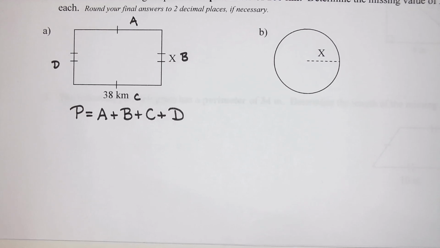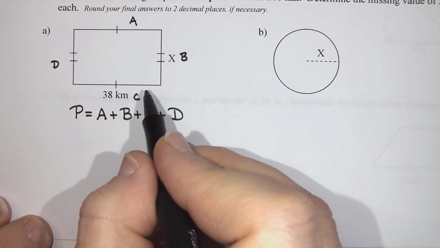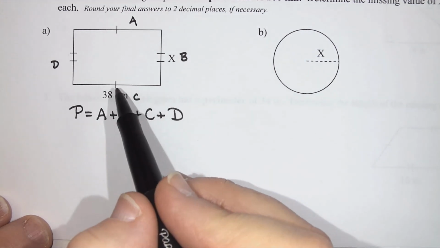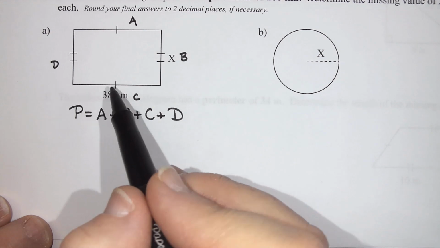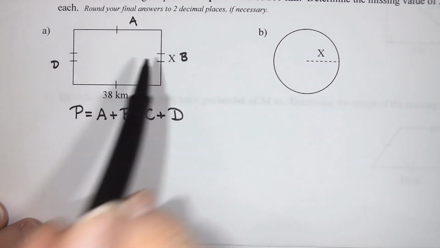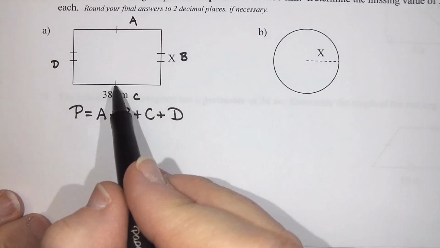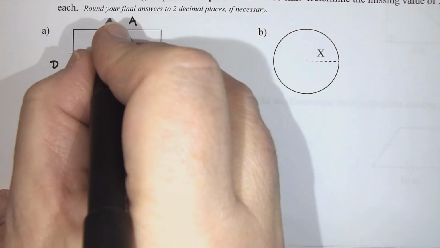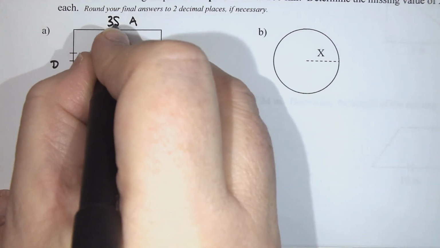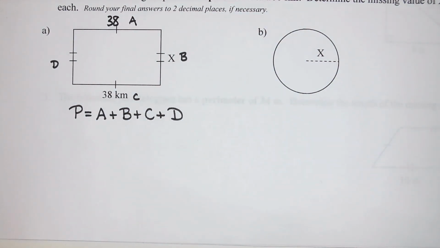I only see sides C and B, but I notice there are tick marks. These sides each have 1 tick mark, and these sides each have 2 tick marks. The ones with 1 tick mark are equal, so if this side down here is 38 kilometers, this side up here is also 38 kilometers.